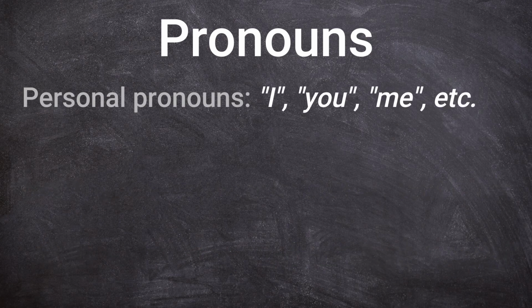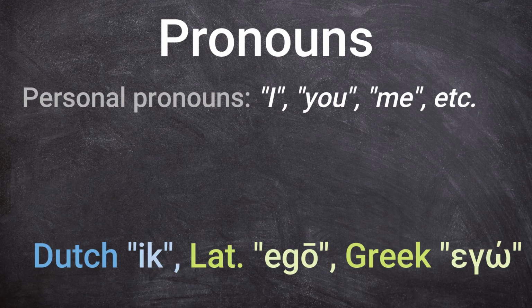Or, referring to personal pronouns, we can see that, for example, the pronoun for the first singular person used as a subject didn't change a lot in the different languages. See how Dutch ik is still similar to Latin ego or Greek ego.